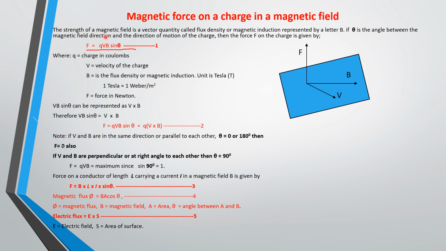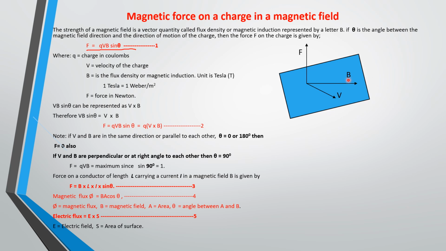The magnetic strength of a magnetic field is a vector quantity called flux density or magnetic induction, represented by the letter B. If theta is the angle between the magnetic field direction and the direction of motion of the charge, then the force on the charge is given by force equals charge times velocity times magnetic flux density times sine theta. Sine theta is the angle between the force and the magnetic flux.